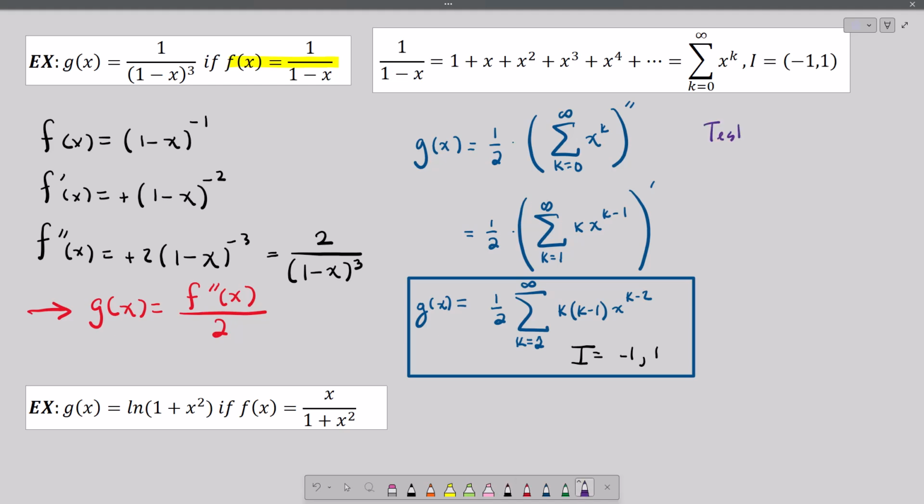So now we have to test x equals -1. So we're down here, this power series right here. We don't care what it converges to. Does the half matter? No, that's not going to affect convergence or divergence, so we can just ignore that. And we can ignore the indices, they don't matter. So we have k multiplied by k minus 1. If you plug in -1 here, we get -1 to the k minus 2.